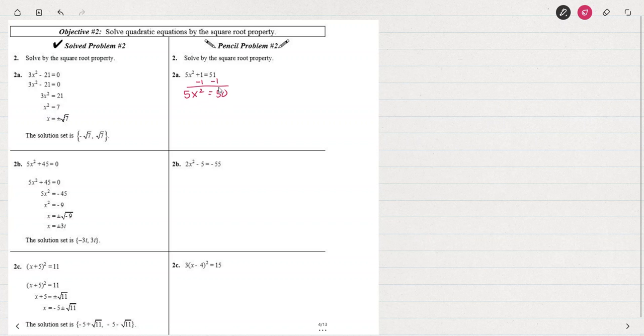And then I can divide both sides by 5 to get x squared equals 10. So there I've got the x squared term isolated.